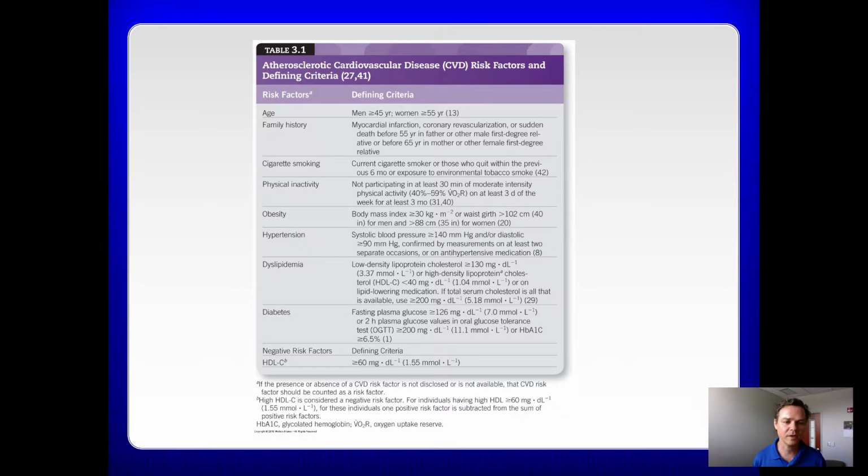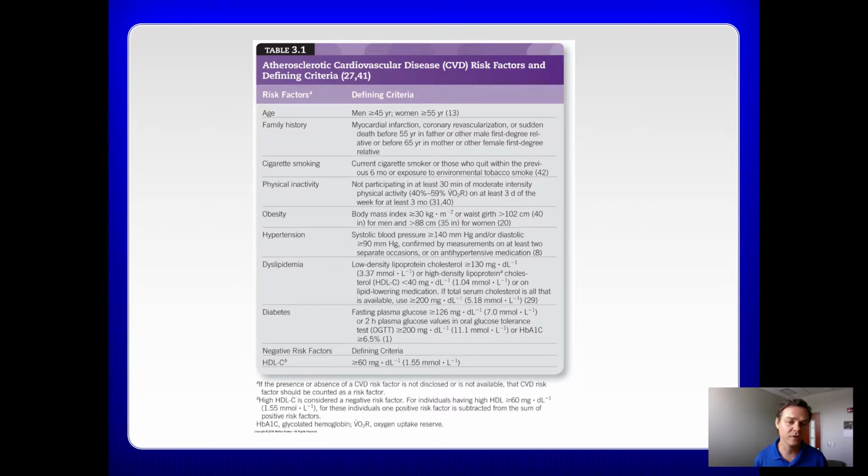You might want to keep in mind what's going on with these types of relatives. But as far as a risk factor criteria, it doesn't count unless it's mother, father, brother, or sister, or technically child as well.